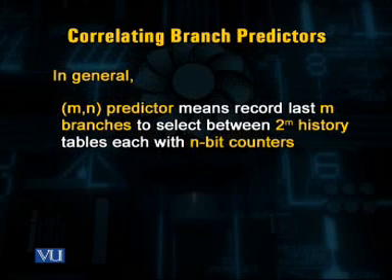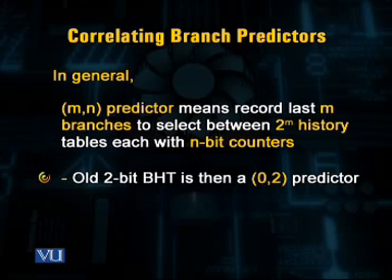In general, we can design an (M,N) predictor, which means record the last M branches to select between 2 raised to the power M history tables, each with n-bit counters. From this point of view, we can say that the old 2-bit branch history table is a (0,2) predictor.